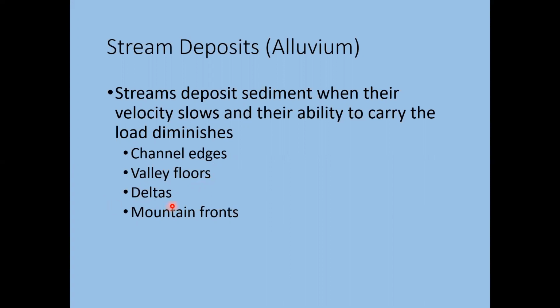Deltas, like the Sacramento-San Joaquin Delta, and at mountain fronts and in desert regions, this is very obvious, where we have these streams that are rolling out of these high mountains, not a lot of vegetation to hold the flow of the water back. So when it hits the lower gradient area below, the speed of the water diminishes and we get deposits that show up at these mountain fronts.